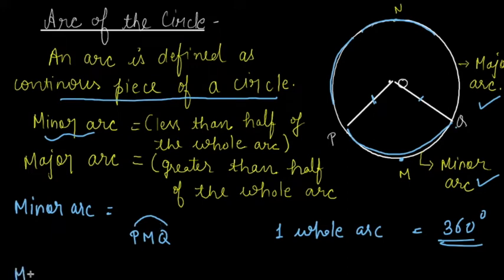That's important to write. In geometry, the symbols are very important. Similarly, if I want to write the major arc, which is PNQ, I have to write it like this, with an arc sign on top of it. This is how we define the major and the minor arc.